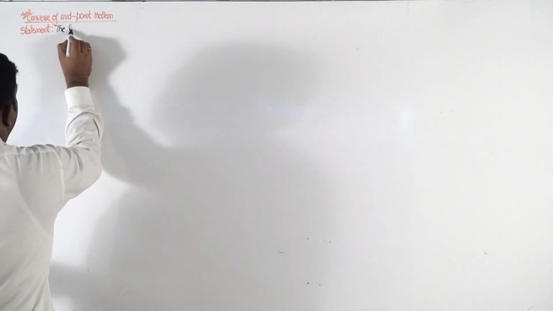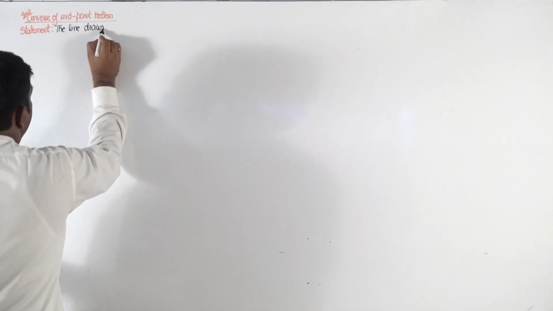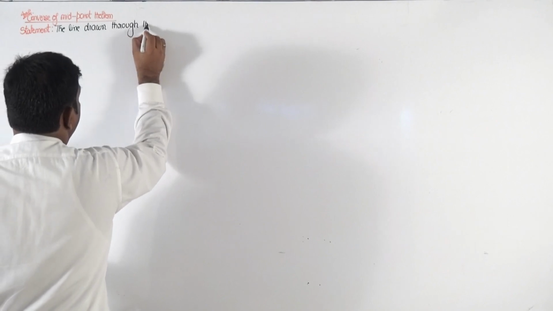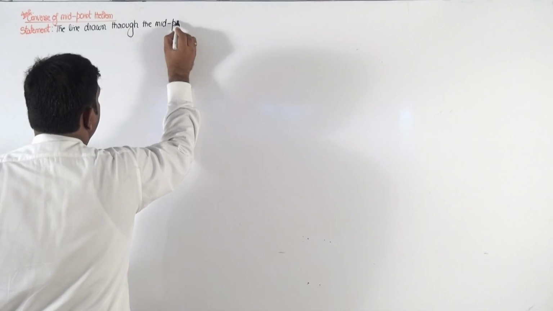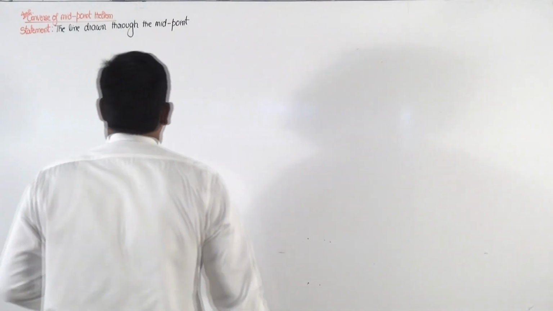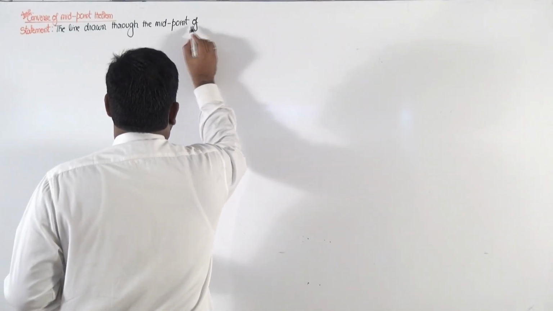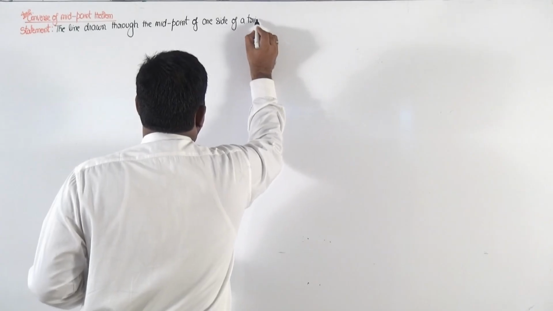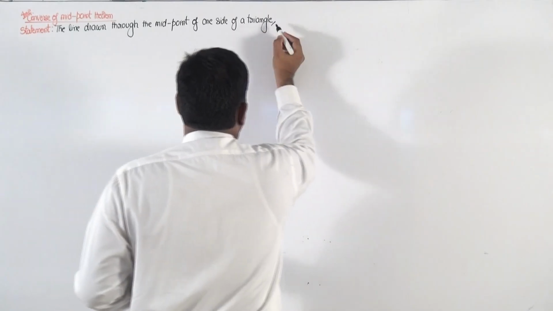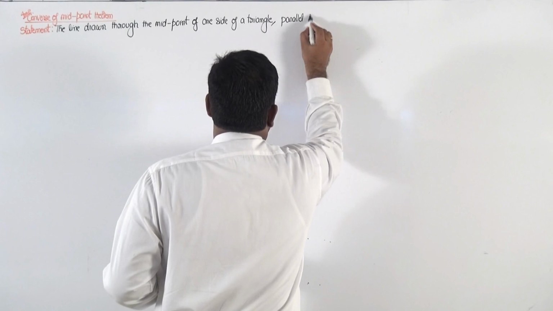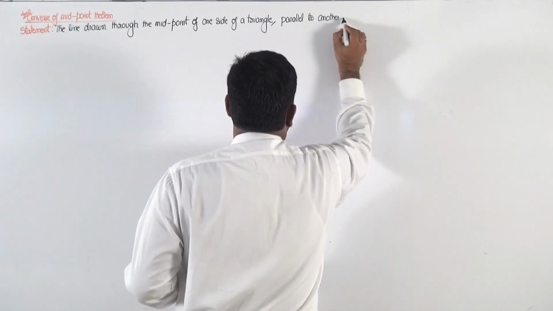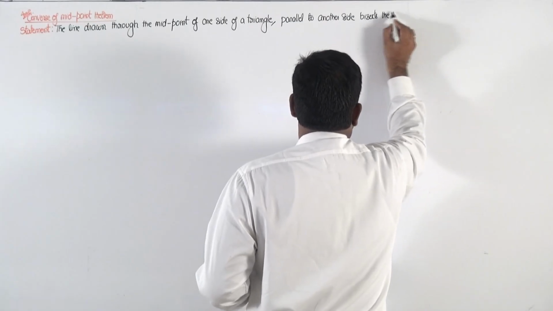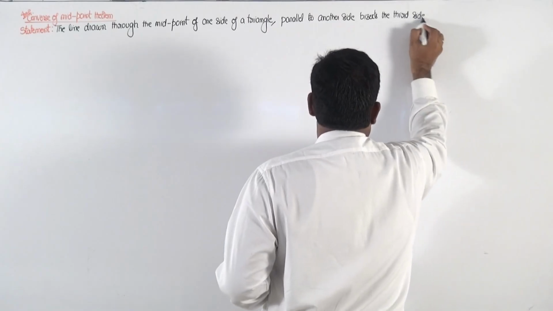The line drawn through the midpoint of one side of a triangle parallel to another side bisects the third side. ये है statement.